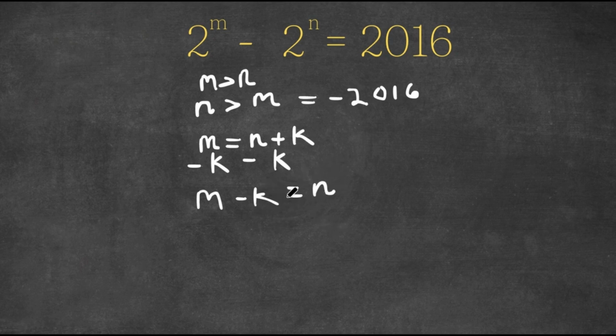So now I'm actually going to replace m with n plus k. So now we have 2 to the power of n plus k minus 2 to the power of n is equal to 2016.